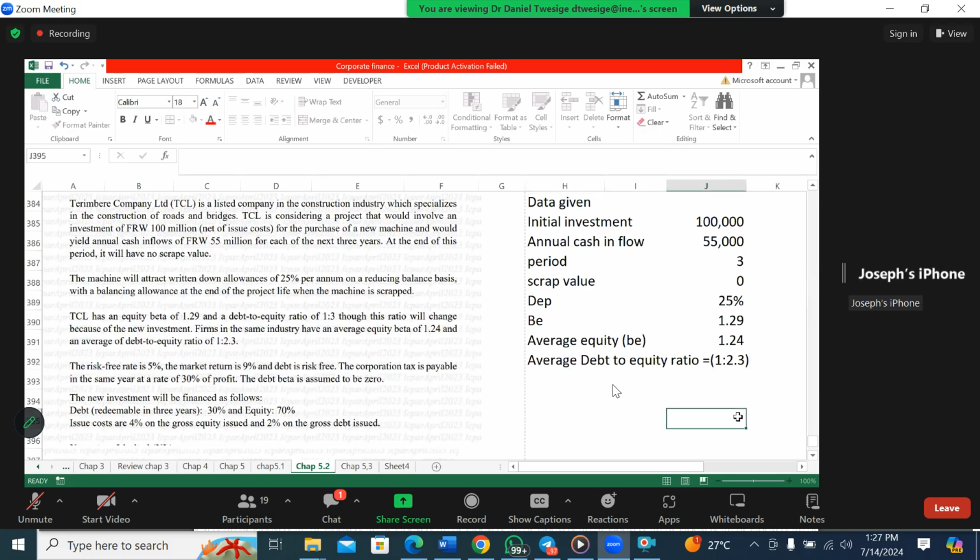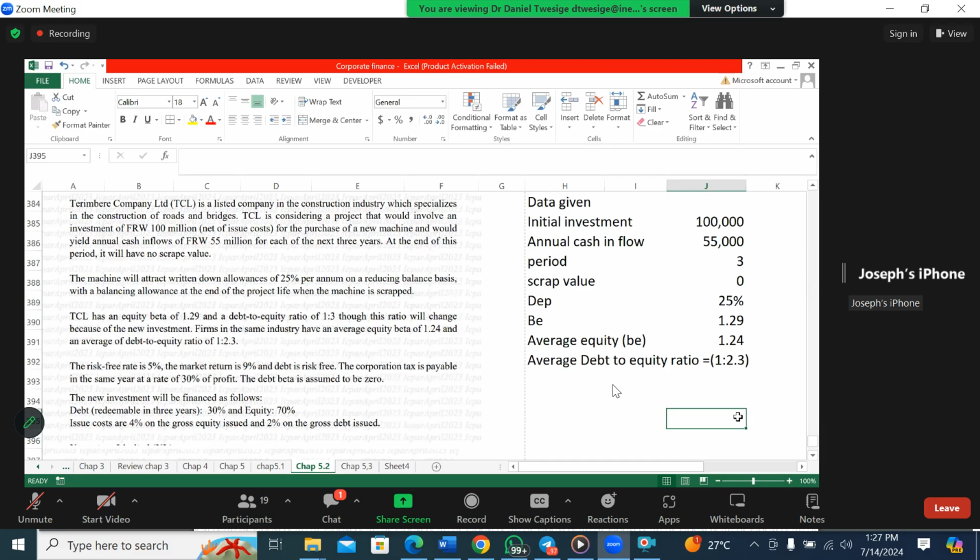First, debt to equity ratio is 1.1 to 3. But because of the change in the industry, the debt to equity ratio is going to change to 1 to 2.3. That's what they are saying.